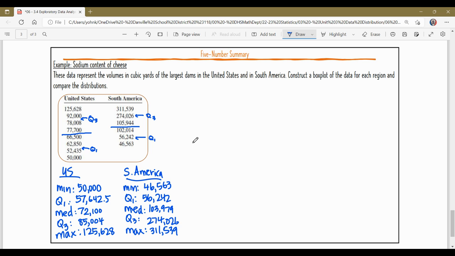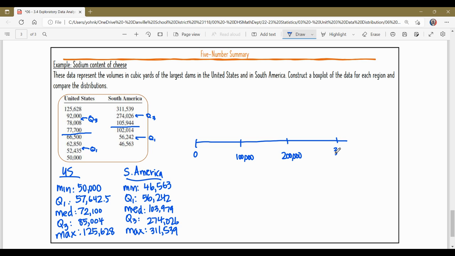So if I go over here and I draw my box plot, let's see, minimum is 46. Maximum is 311. So I don't know, we go 0 to 400 or 0 to 300,000. Let's see, here's 0. Here it can be 100,000. Here it can be 200,000.